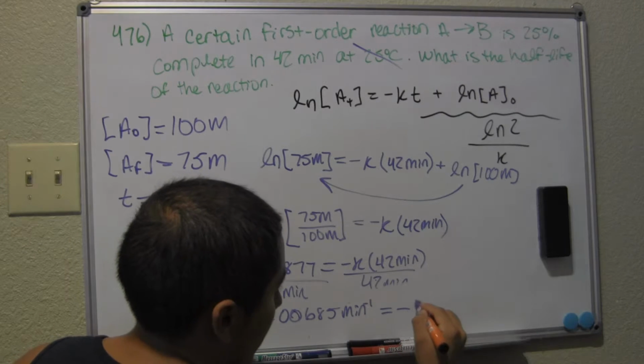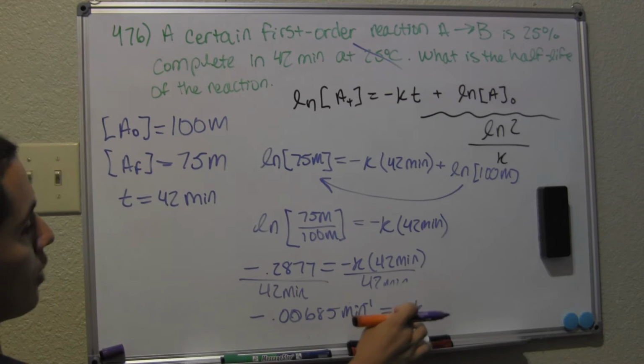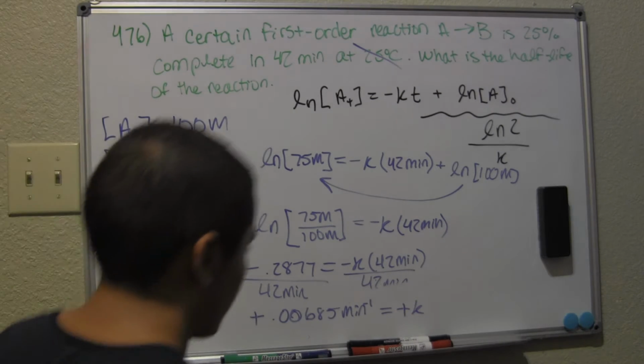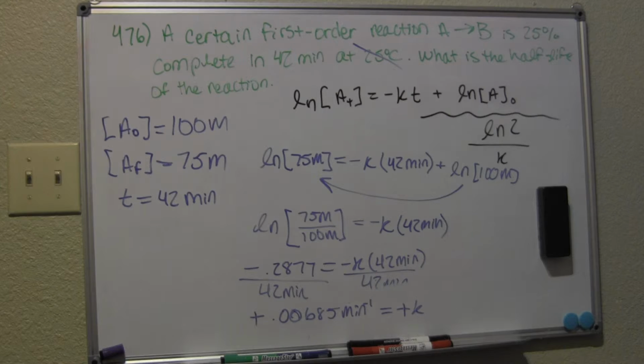Once you cancel the negative in front of the K, it becomes positive 0.00685 minutes to the negative 1.